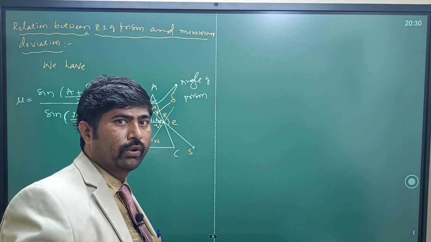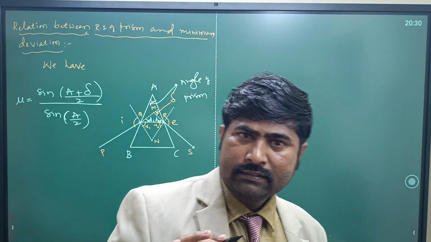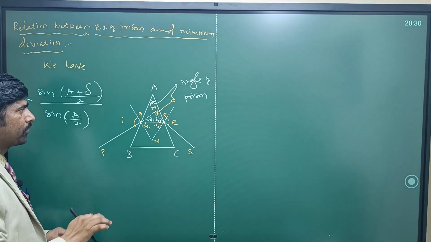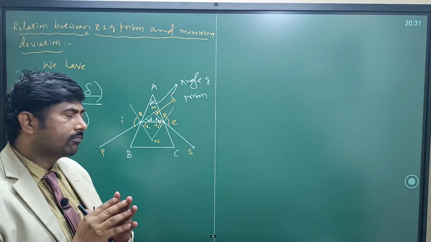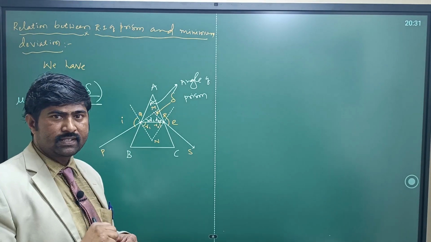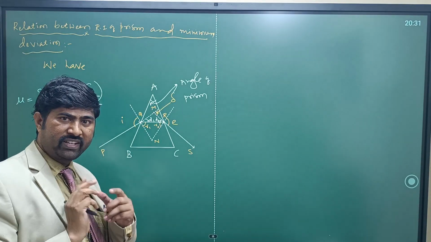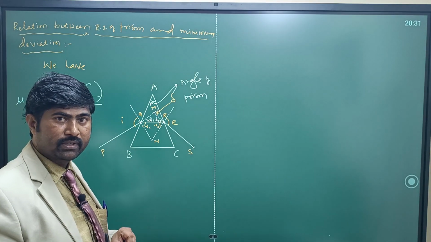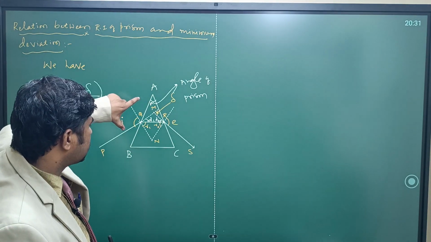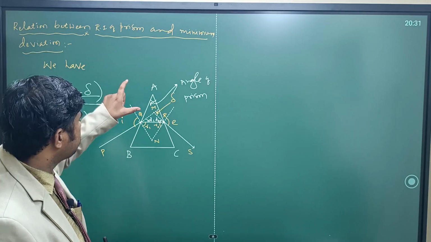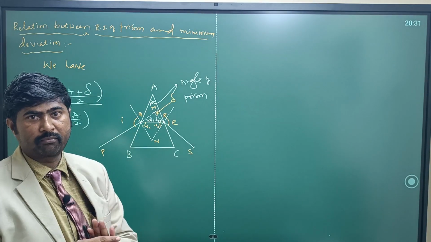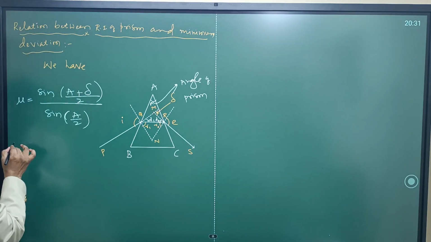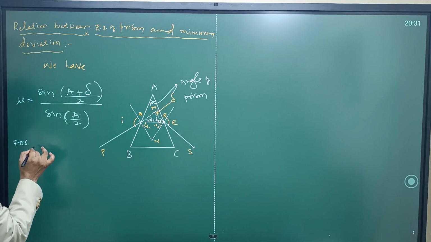Now we are applying this formula for a thin prism. A prism has three faces. The bottom face is a rough face, which we call the base of the prism, and AB is a refracting face, and AC is also a refracting face. So what is a thin prism?